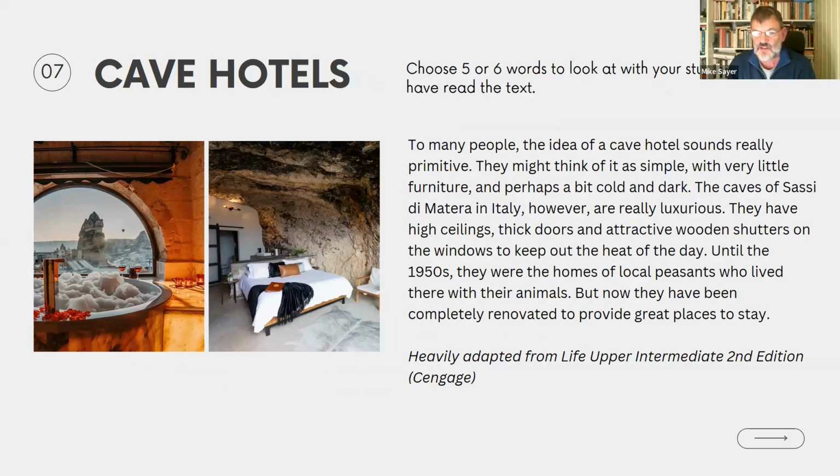As you can see from my picture, it comes from an upper intermediate level of students, so quite high, but intermediate. And in the text, I think there are five, maybe six words that students may not know. So have a quick read of the text and decide which five or six words you would predict that the students might not know.